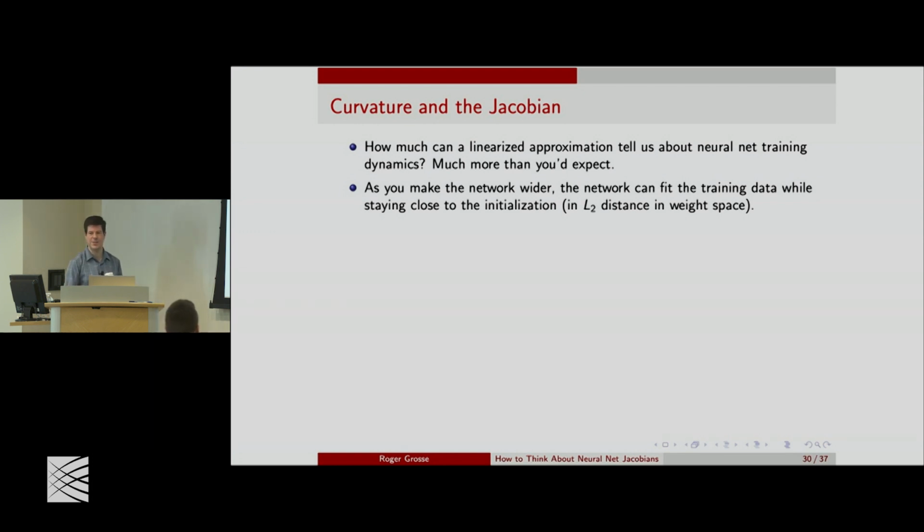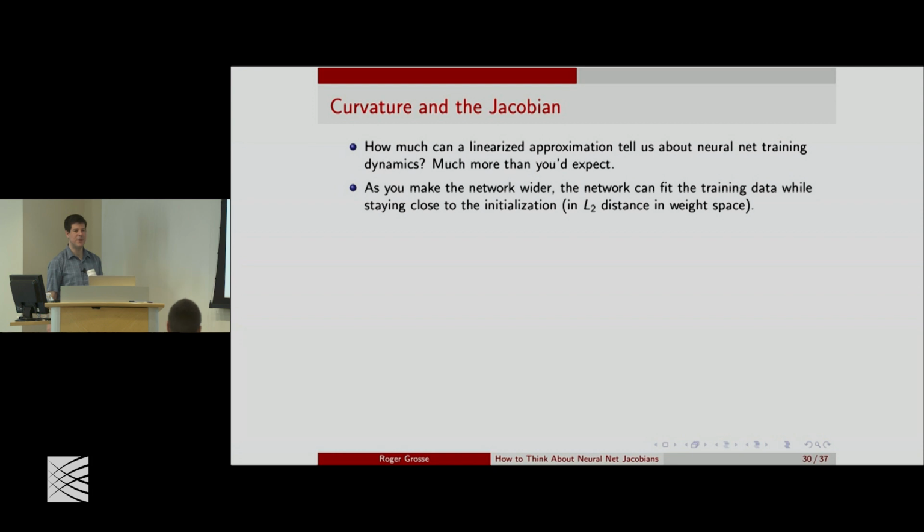Finishing up with the optimization story, I'll just mention one thing, which is that the Jacobian, in some settings, tells you a lot more about optimization than you might think. In particular, as you make a network wider, it's possible for it to fit the training set while moving a much smaller distance than the initialization in terms of L2 distance in the weight space.